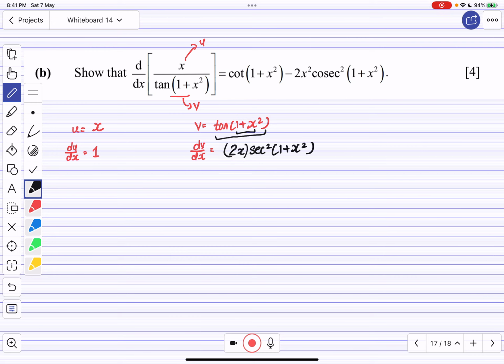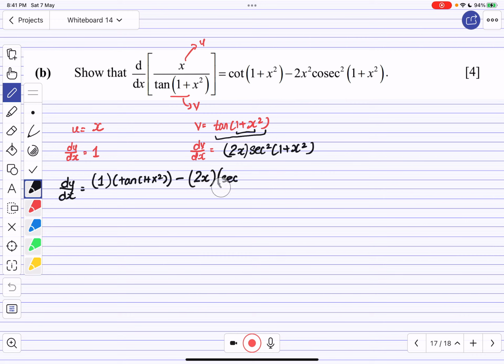Then finally, to form my dy/dx using the quotient rule, this should be du/dx multiplied by v, subtract dv/dx multiplied by u, which is x.